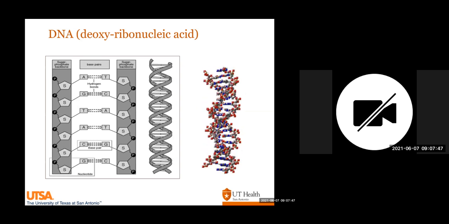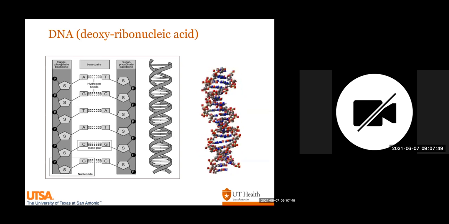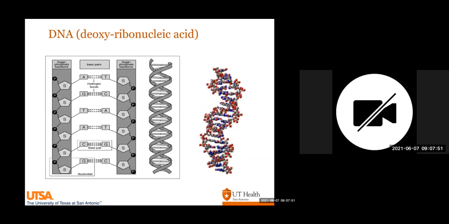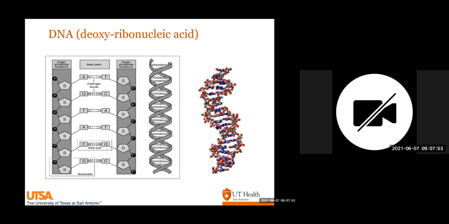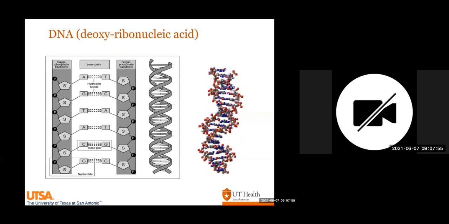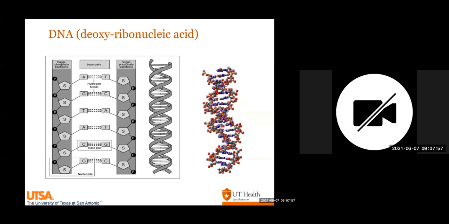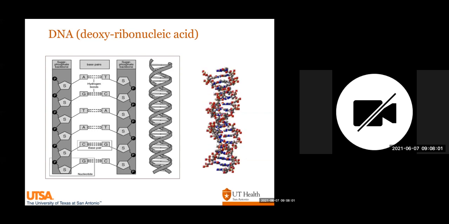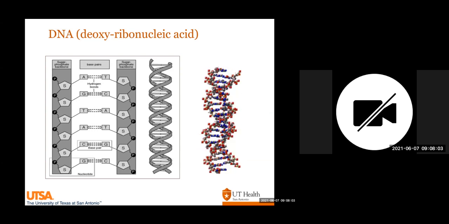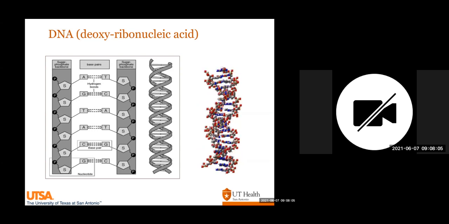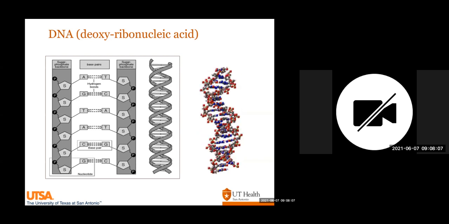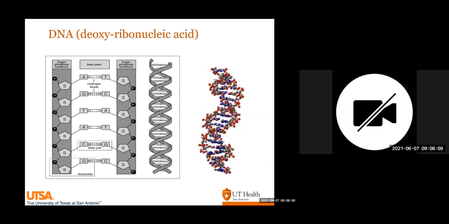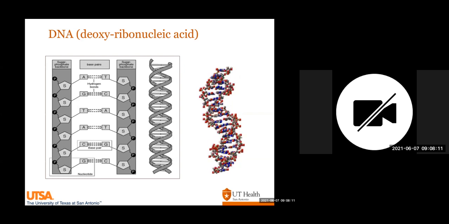The two chains bind together through so-called base pairing, where C is always paired with G and A is always paired with T. Therefore, if you know the order of the letters in one chain of the DNA, you know the order of the sequence of the other chain.